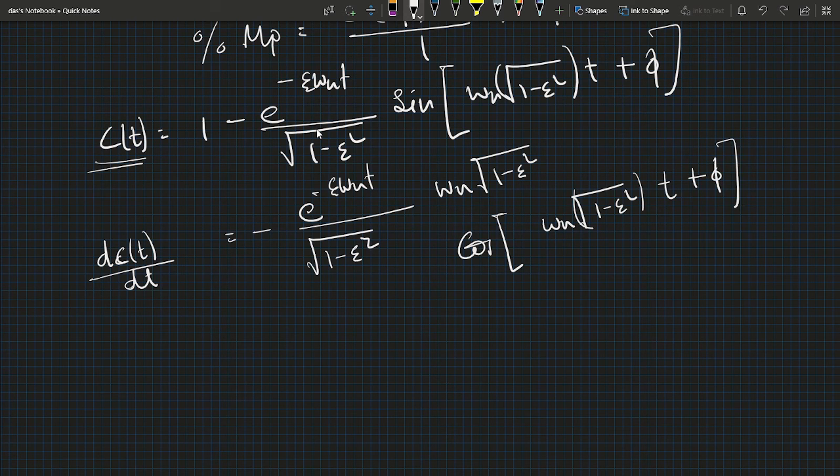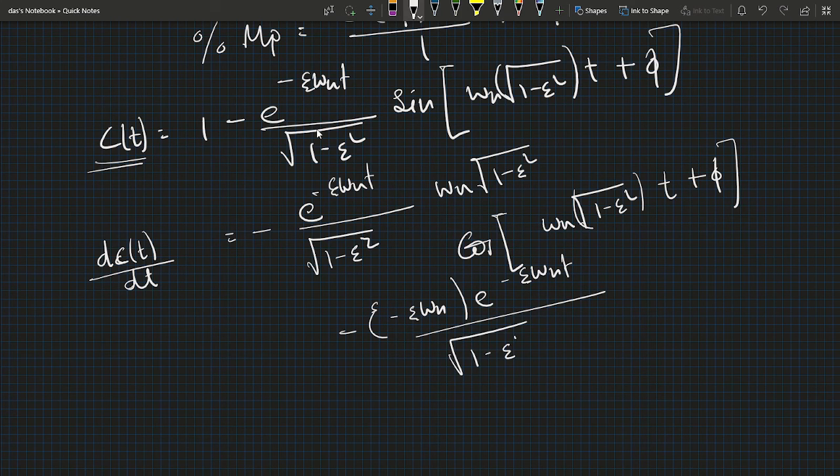This is one part, and another part is minus omega n e to the power minus zeta omega n t divided by root over 1 minus zeta square, sine of omega n root over 1 minus zeta square t plus phi. So this is another part.